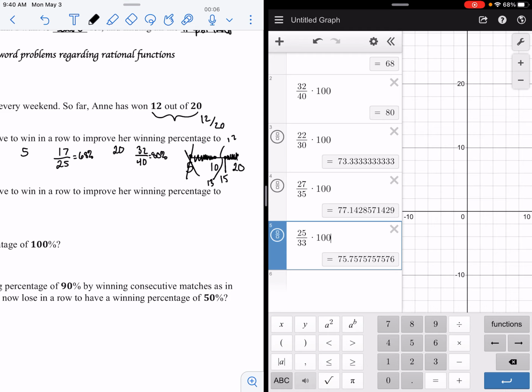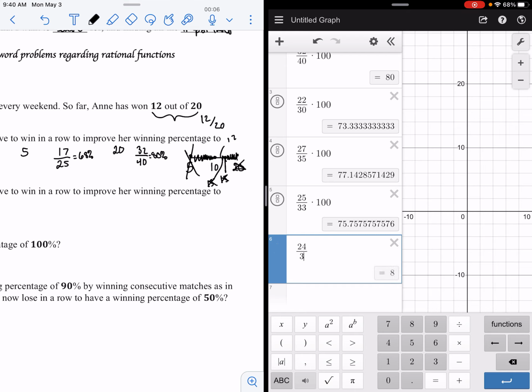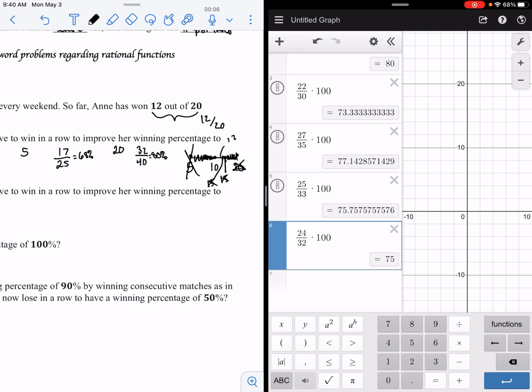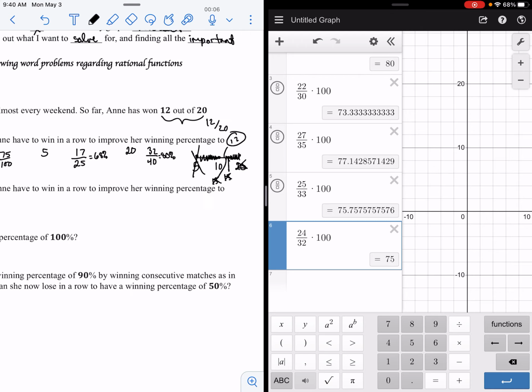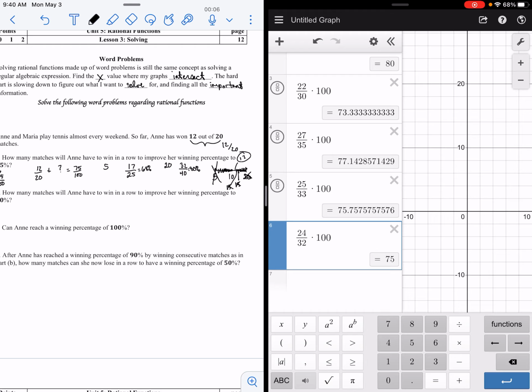Here I get 75.75, so 13 is also too much. I'm going to try 12, which will be 24 out of 32. Multiply this times 100, and I get 75. So that's what I want. I wanted a number of wins in a row to get her to 75%. So she would have to win 12 more matches.